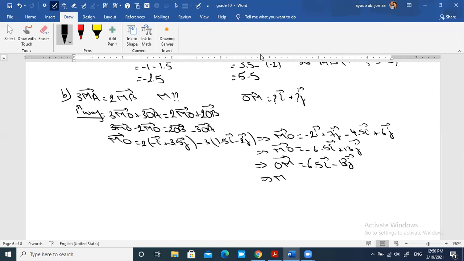It means that M has the coordinates 6.5, negative 13. Okay? Any questions? No questions.